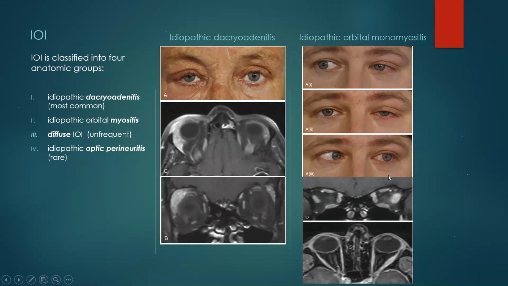So the affected muscle is the lateral rectus. We can see it here enlarged with enhancement in the MRI. We can see it here also enlarged when we compare it to the right side.